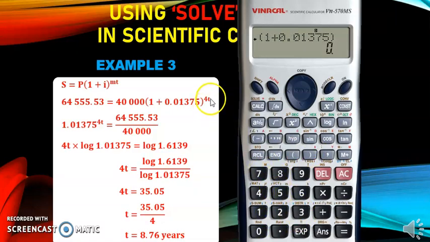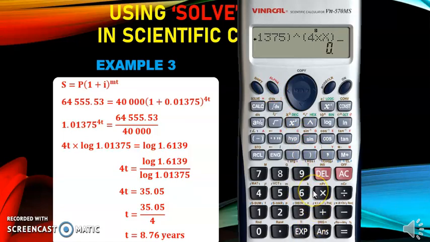Now the power of 4t. Make sure you open a bracket here, meaning 4 multiplied by t. Open bracket, 4 multiplied by t. We want to find the value t, so use alpha X here, and then close bracket.